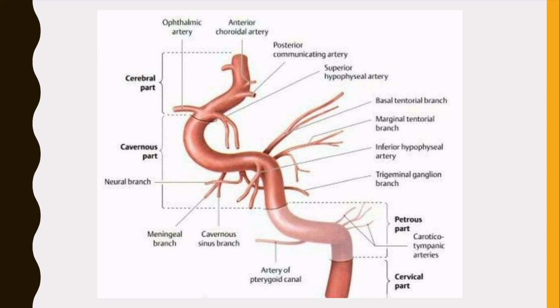Then you have the meningeal and the inferior hypophyseal arteries from the cavernous segment, C4. You have the superior hypophyseal and the ophthalmic from the C6 or ophthalmic segment.